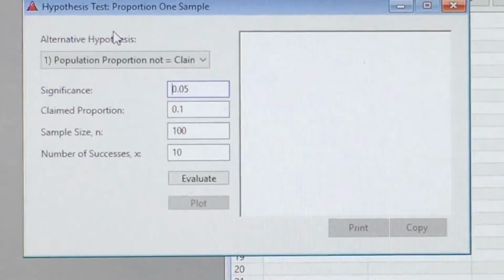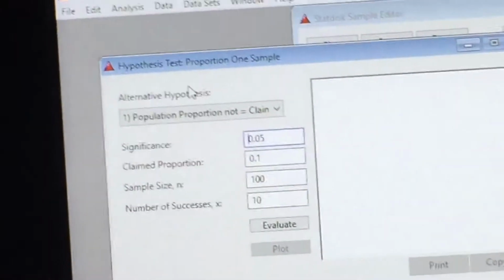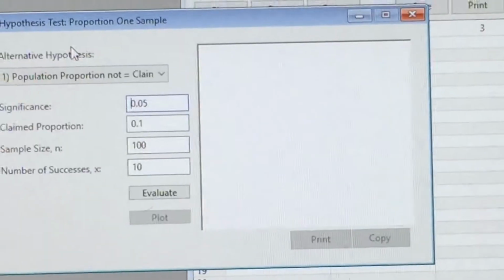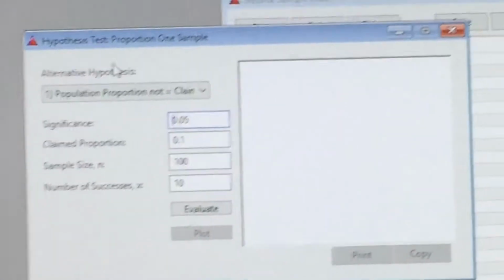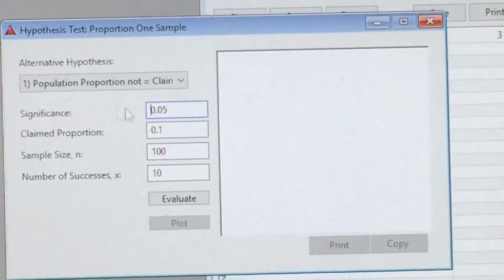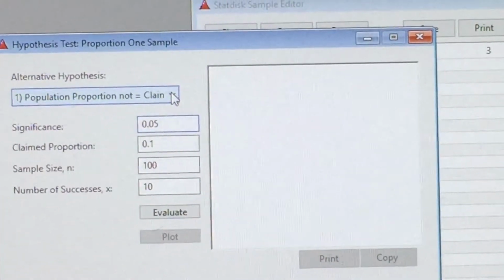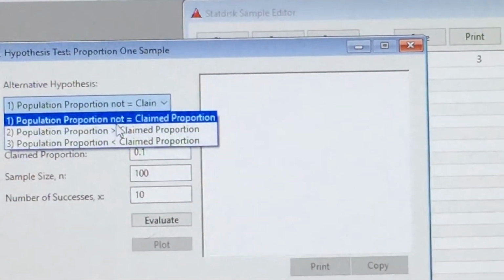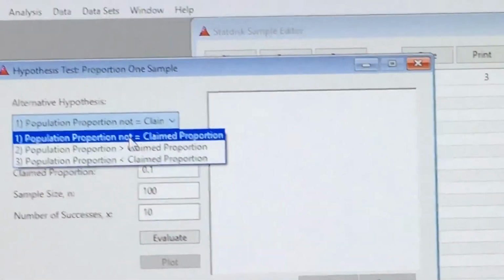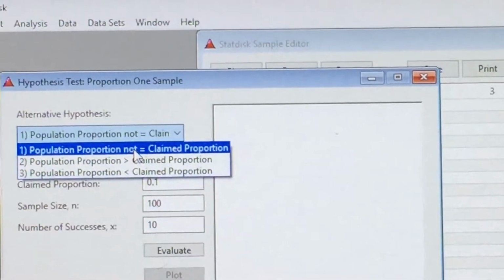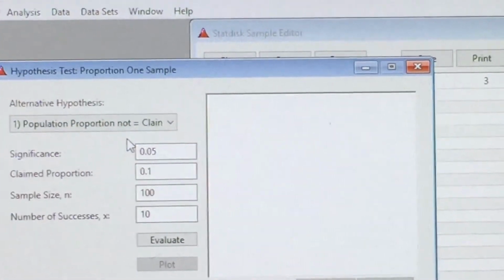The alternative is the opposite of that, okay? It's the opposite of the equal to, which is, of course, not equal to. So under this drop-down menu for population proportion, we're going to select the one that says not equal to the claim proportion. Population proportion not equal to, okay?